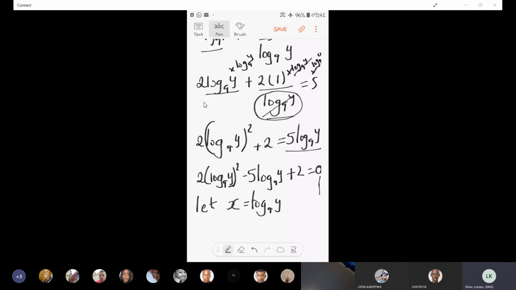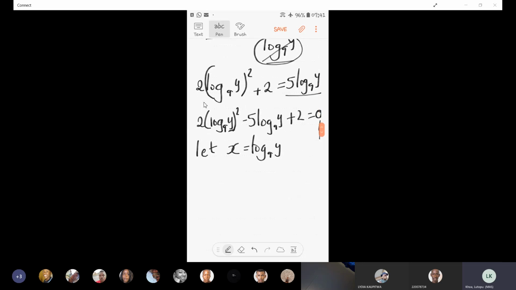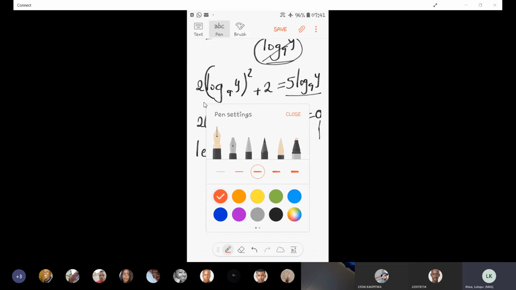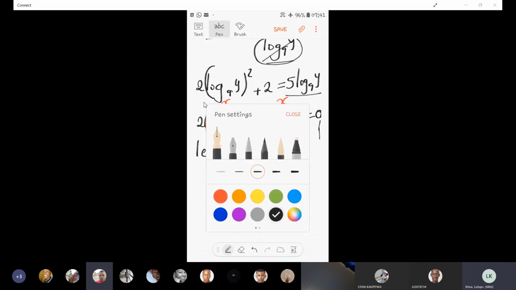You can pick another letter, w, z, t, f, k, it doesn't matter. So when I substitute, everywhere I have log base 9 of y, I'm going to replace that with x. So I'll have 2x squared minus 5x plus 2 is equal to 0. That's how the substitution works.